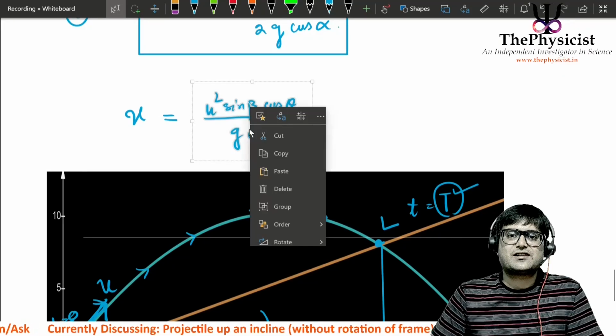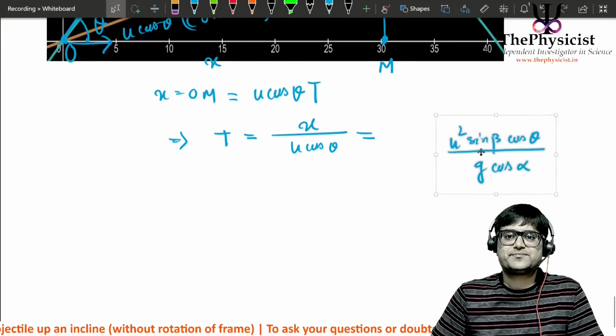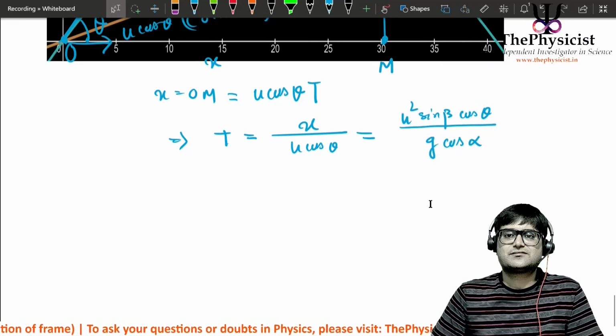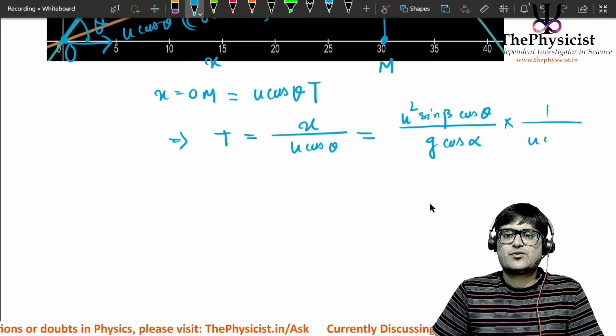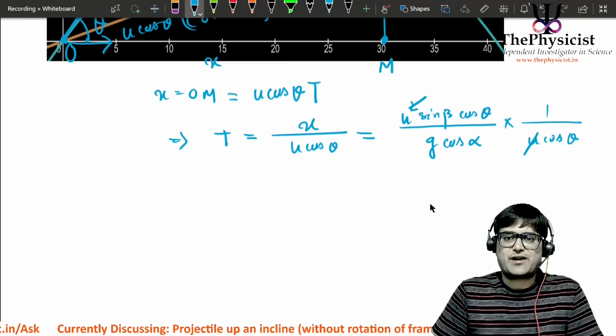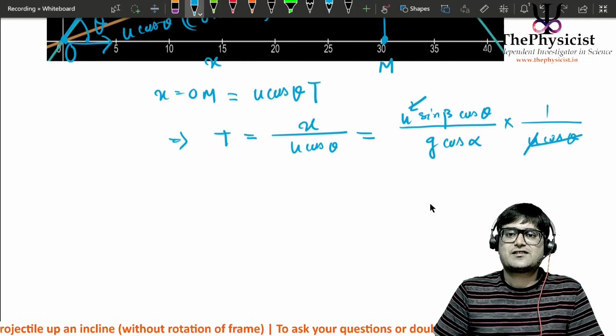So just write this expression, and I have to simply multiply by 1 over u cos theta. So one u cancels and takes a power of u in the numerator, and the cos theta simply cancels.